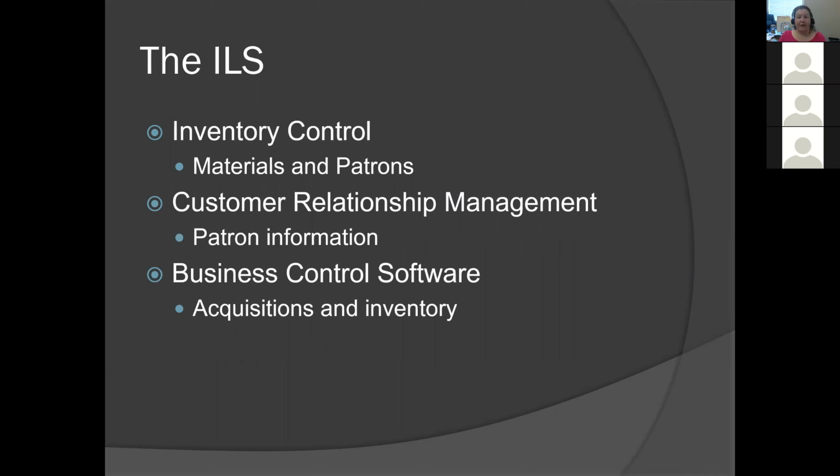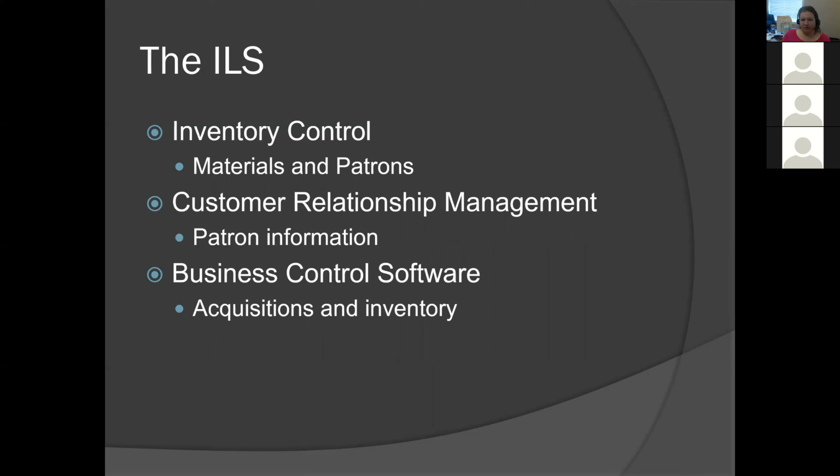And that's the basic goal of that software system, your ILS. It's also customer relationship management. You've got a patron database in your ILS that is very useful for keeping track of who your patrons are, how many of them have cards, all this good stuff. There's all kinds of information you can get from your ILS.